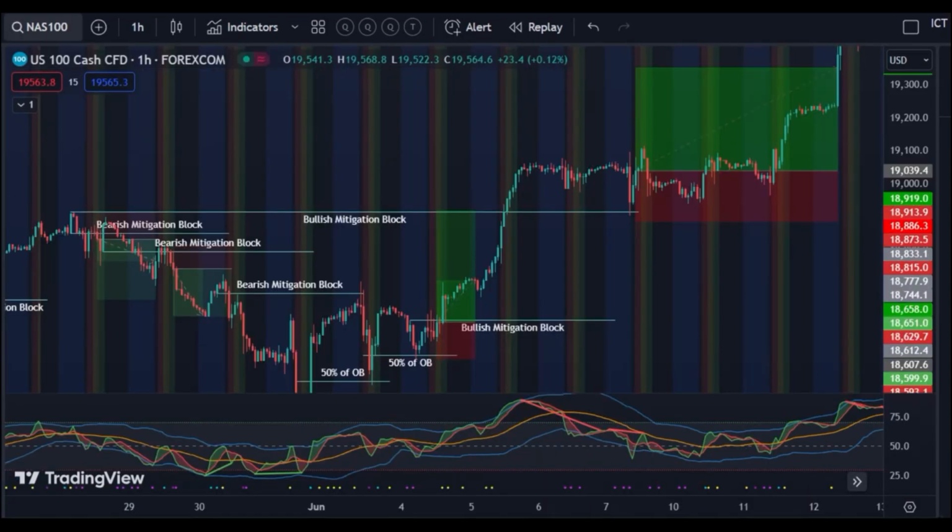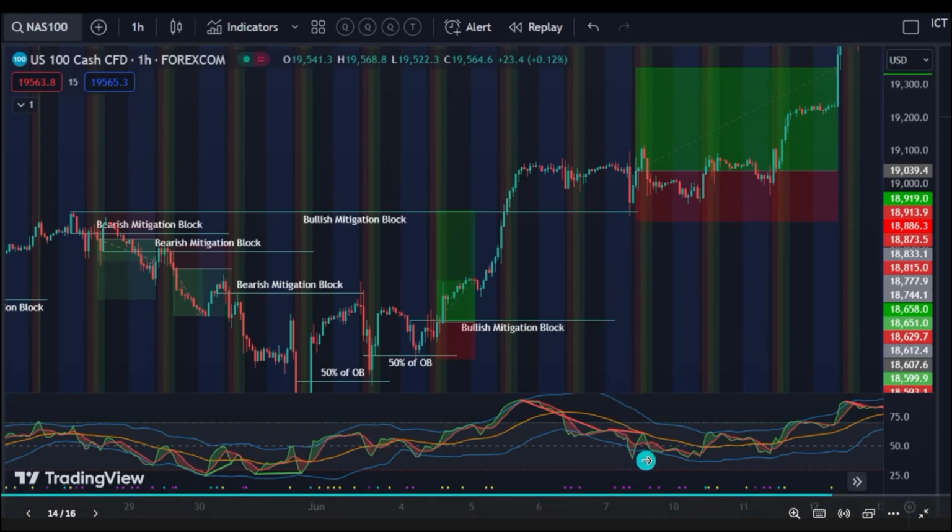This last example is a bullish example where price clears this swing high and then comes right back to it. And this is a mitigation block. We have a low, a high, and a lower low. This mitigation block is tapped into, and we also look on the TDI and we see a crossover of the signal line.